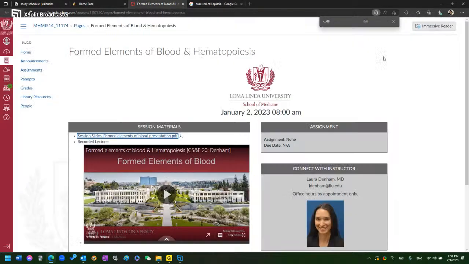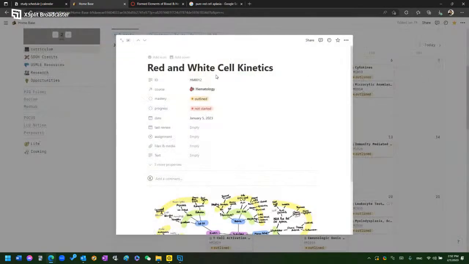Let's take a look at pure red cell aplasia, because I'm not familiar enough with pure red cell aplasia.